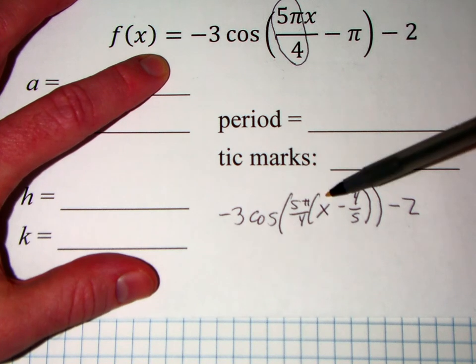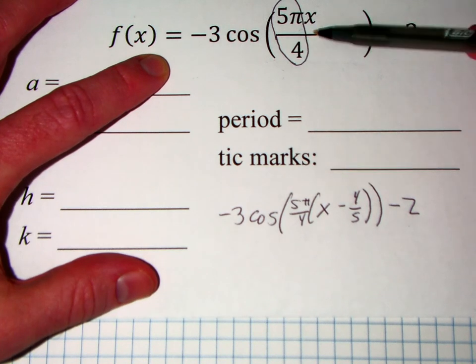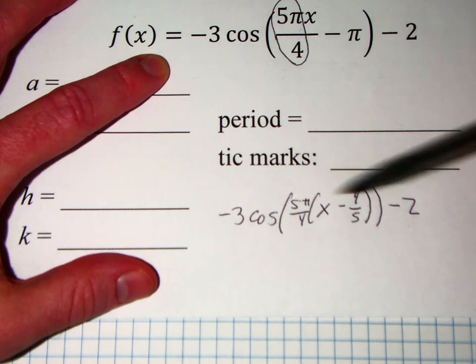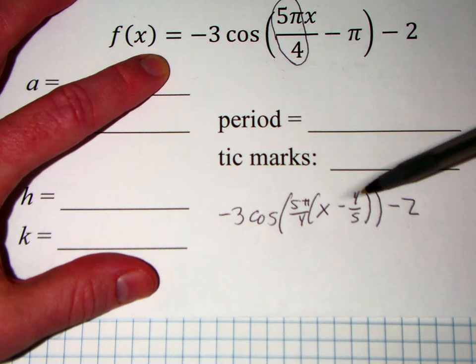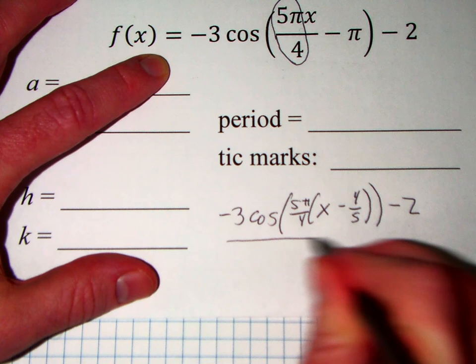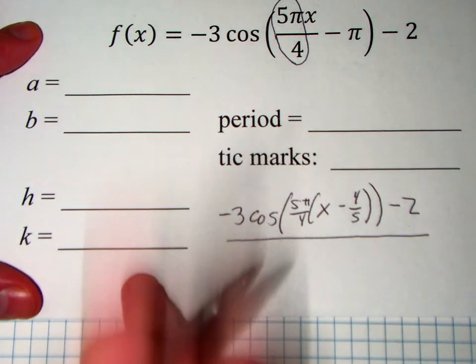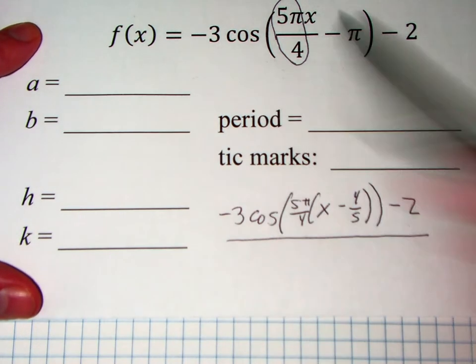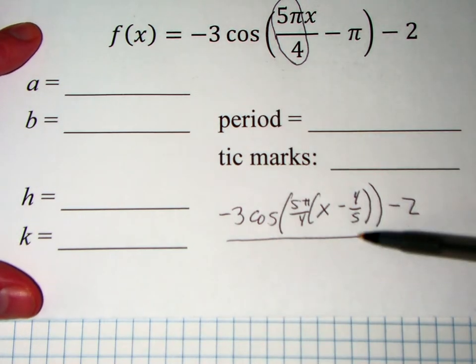If I distribute this back through, 5 pi x over 4, if I distribute this through, 5 times 4, 4 times 5, so it just becomes minus pi. So this is what I'm talking about here. The only thing that changes when I fill in my values from this to this is my h value.